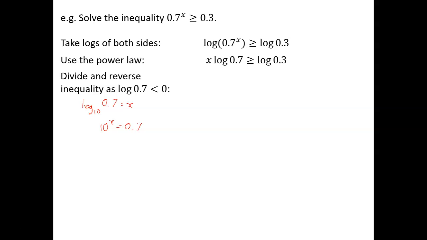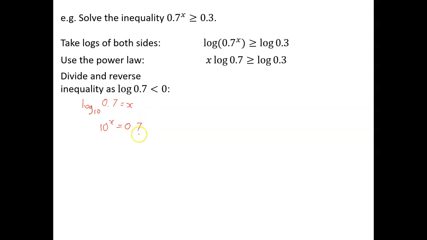Now, if x was 1 or greater, then I would have 10, 100, 1,000, and so on. If x was a positive fraction, for example, a half, then that would be the square root of 10, which is 3 point something. Or if it was a third, then it would be the cube root of 10. There is no way that any root of 10 could be 0.7 though. Think about what would happen if I was increasing 0.7 by a power.